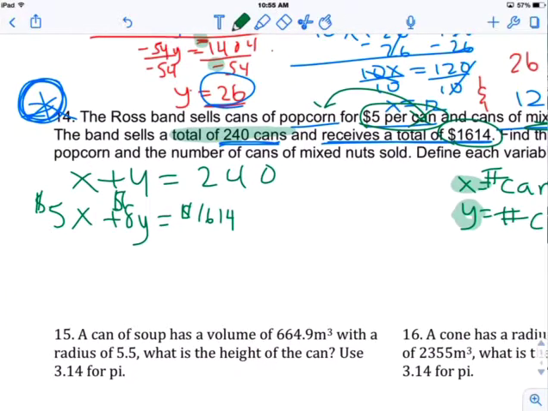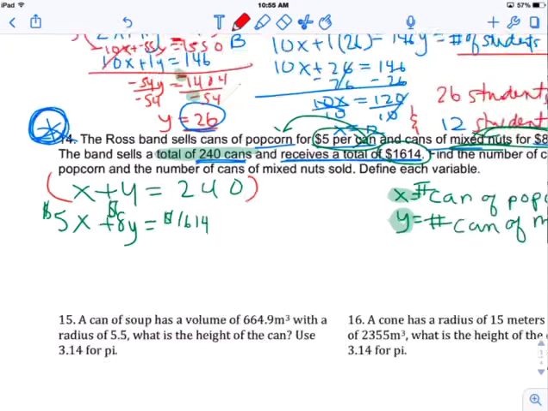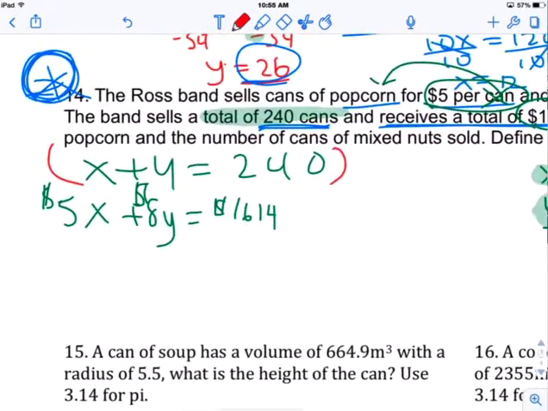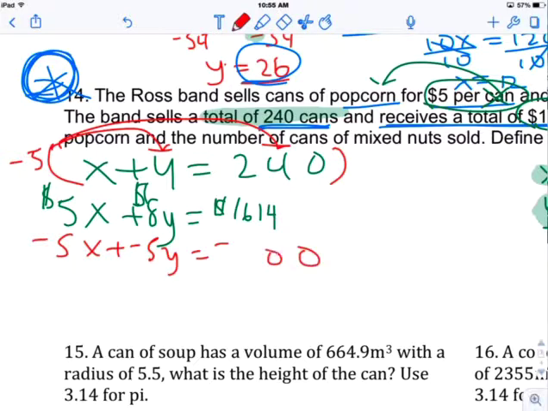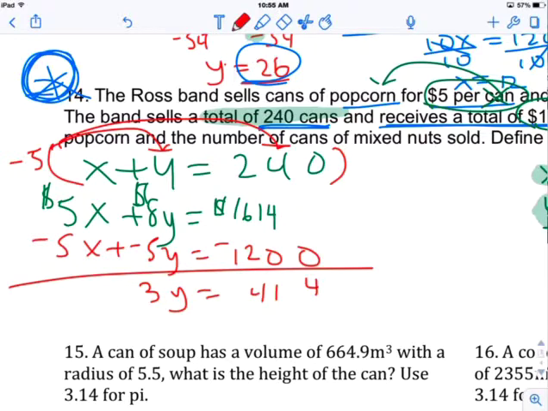Use elimination. Let's get rid of x. Multiply all this by negative 5. You get negative 5x plus a negative 5y. You get 3y equals, okay, that's 414, right? $414.